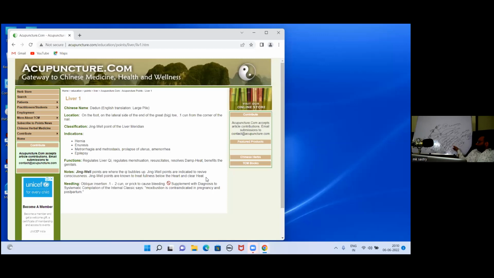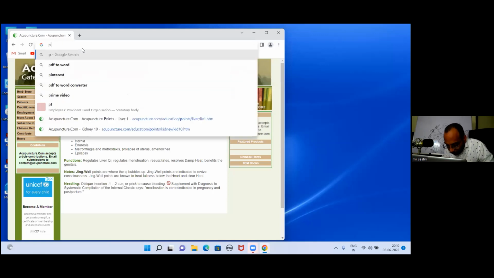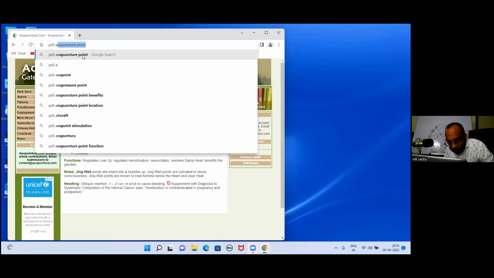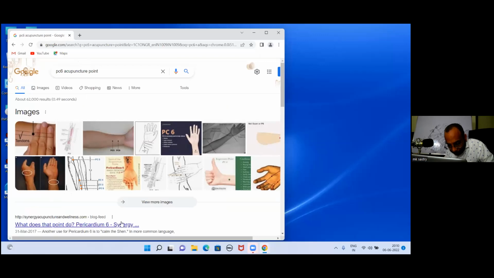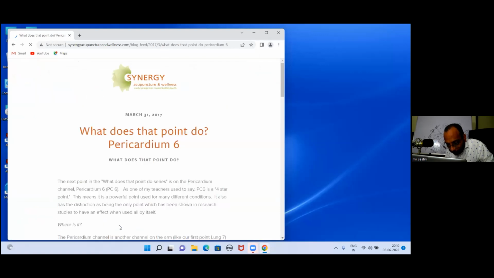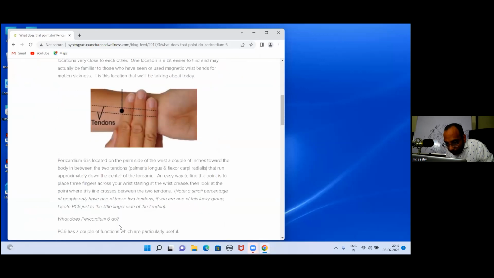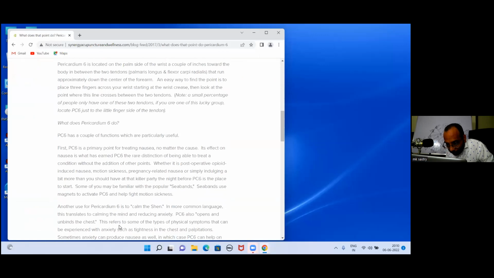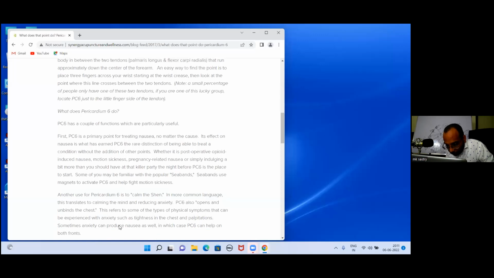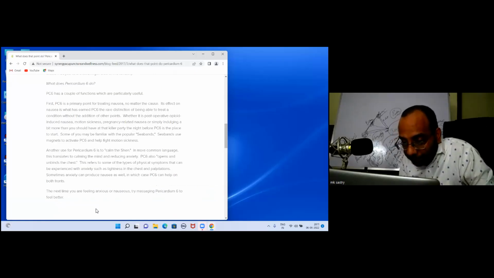Then PC6. It calms the anxiety and calms the mind.